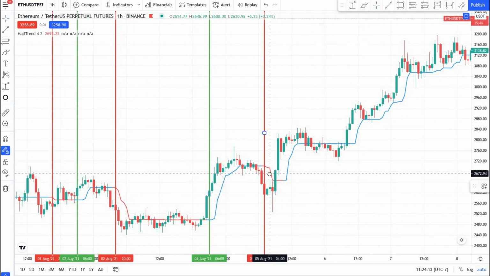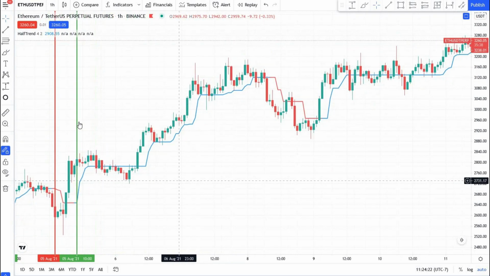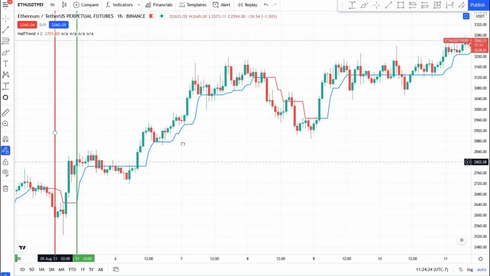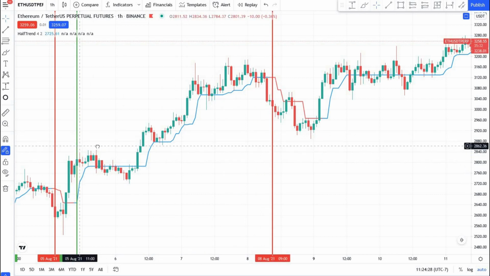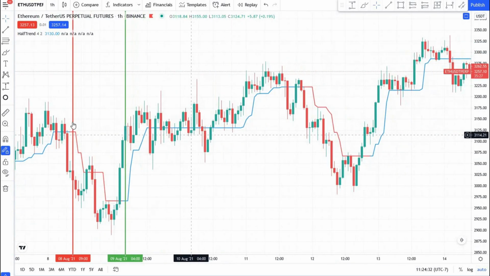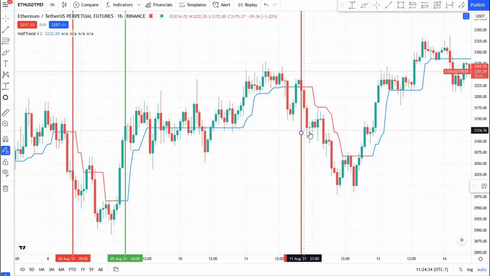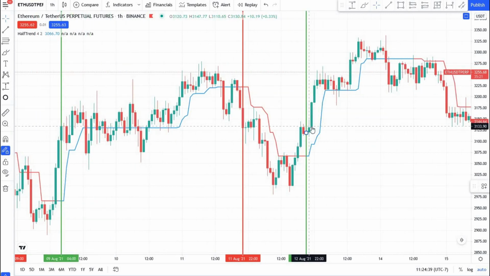All changes in the color, I'm gonna indicate with these vertical lines. The green line means buy signal and the red one is sell signal. So another one here.